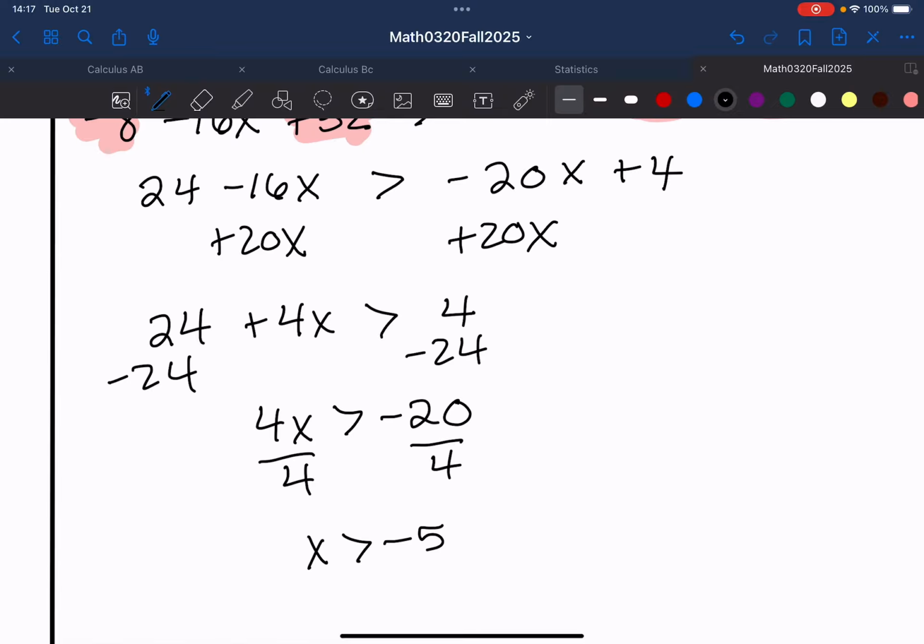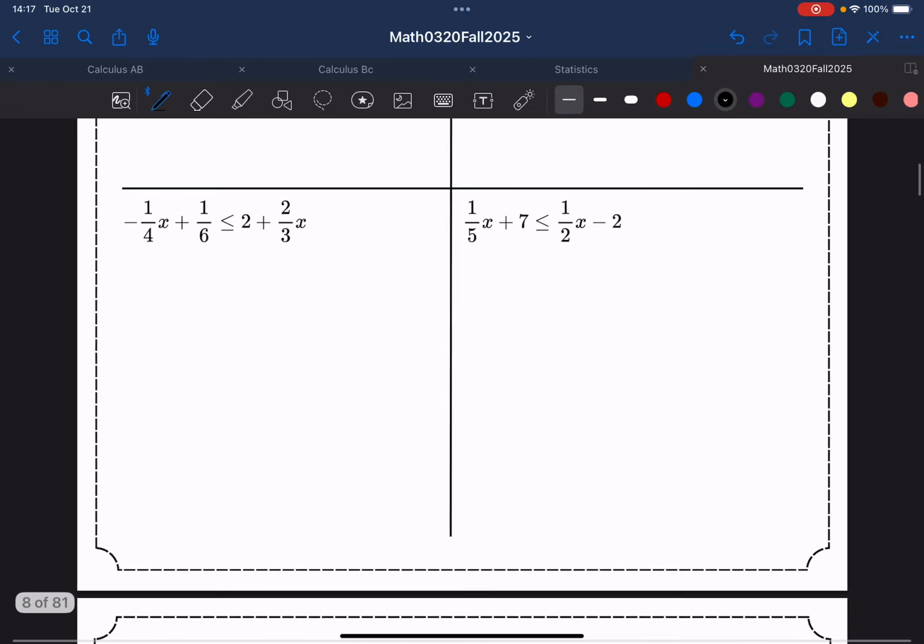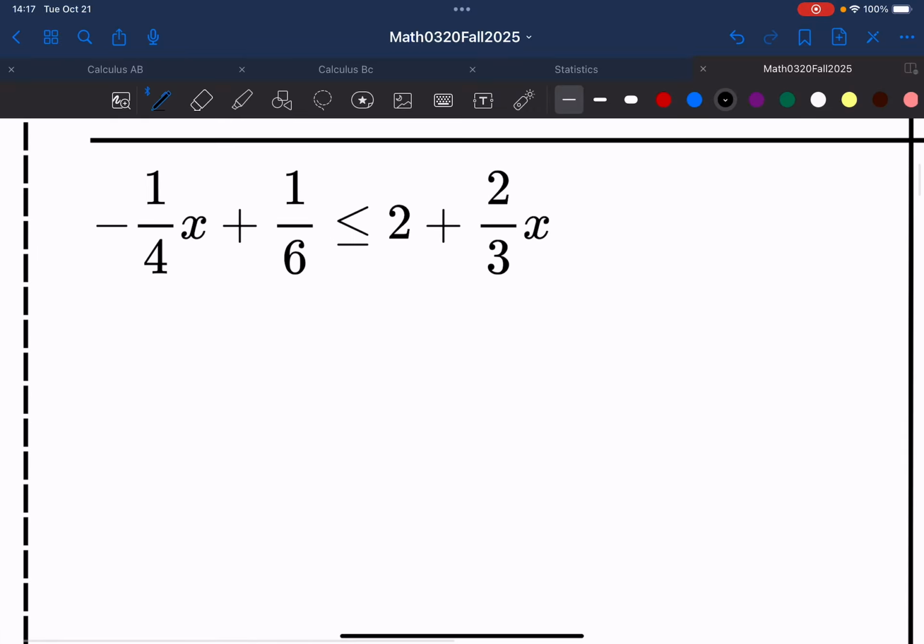Okay, now we're moving on to everybody's favorites, and that is fractions. And I'm going to show you how to get rid of these fractions so we don't have to deal with them later. Okay, and in order to do that, the first thing you're going to do is look at each of these denominators. So we have 4, 6, and 3.